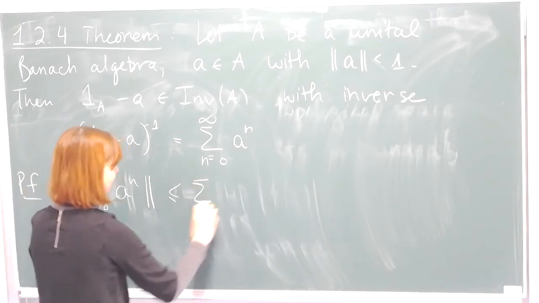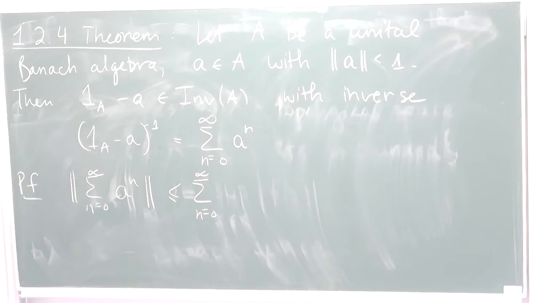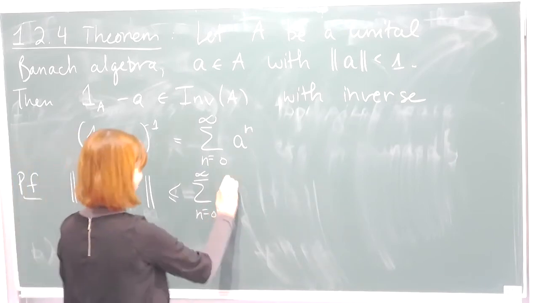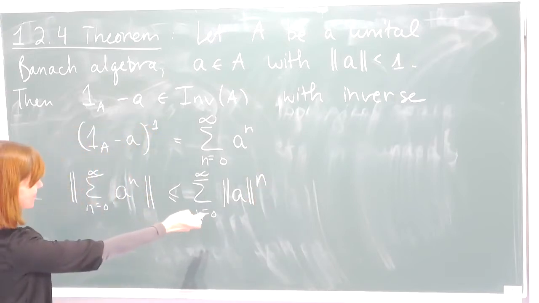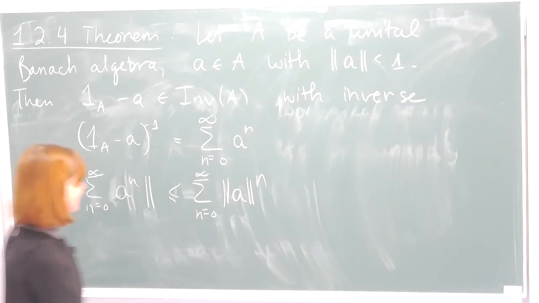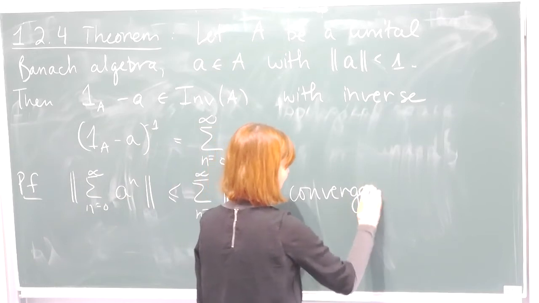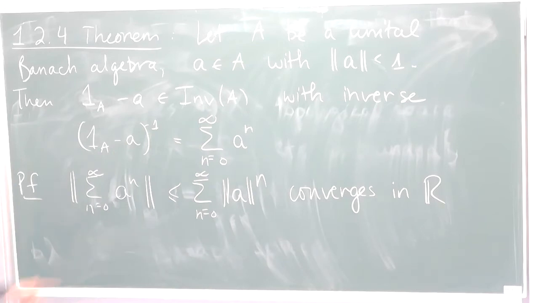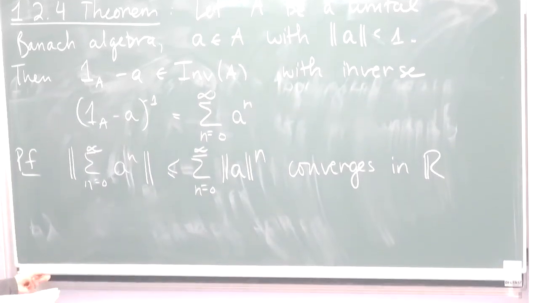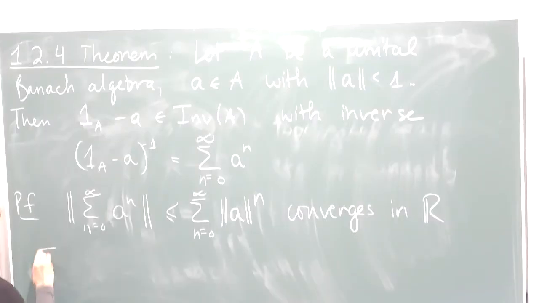And then by submultiplicativity, we get this, and then this is now just a regular geometric series in R. So this converges. And hence this guy does, because we're in a complete space. So it converges to some B. So this is a well-defined element.